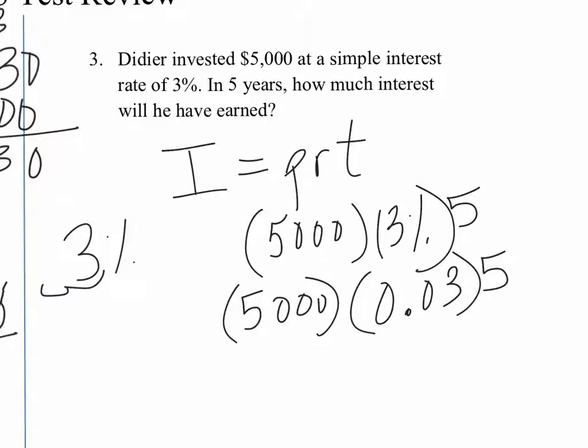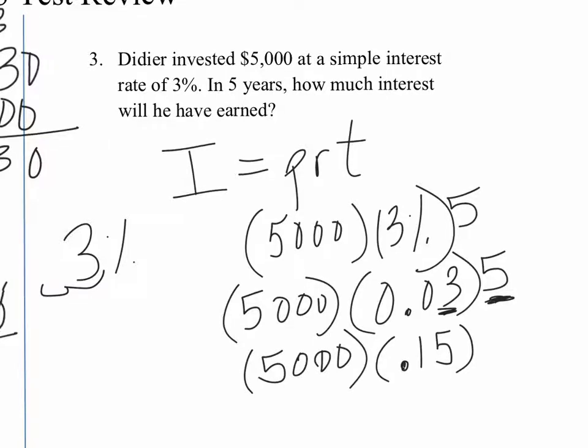You can do some basic math there in your head, multiplying 3 by 5 and getting 15 with 2 decimal places. That's 0.15 times 5,000. If you know 15 times 5, this problem would be easy to solve in your head.